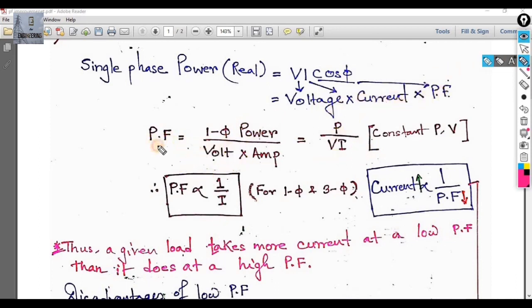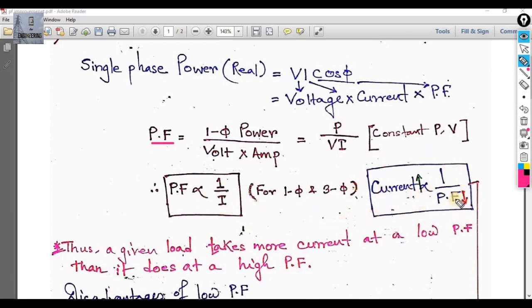Now if we calculate the power factor, then you can see that power factor is equal to P divided by voltage into current. If we remember that the power and voltage are constant for a system or a circuit, then the power factor is inversely proportional to the current, or the current is inversely proportional to the power factor.